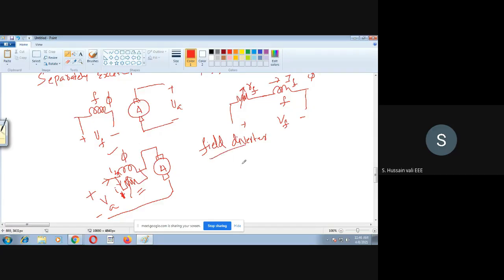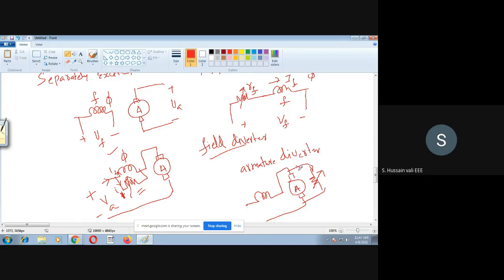There is another one, the armature diverter. In the armature diverter, what you do is, once again, I will redraw this picture. Armature. This time you connect the rheostat here in parallel with the armature. So you vary the rheostat position here.